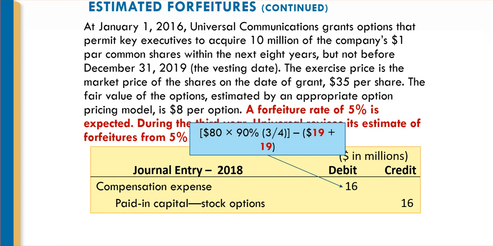So 3/4 of that. Now you're going to back out what you've already recorded, which is 38. And if you back out the 38, you find that you need to do 16 for this year. So 3/4 of 72 is 54. So 54 minus 38 gets you 16, all right?